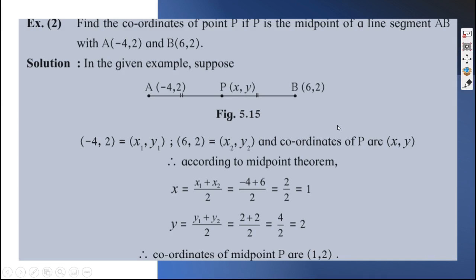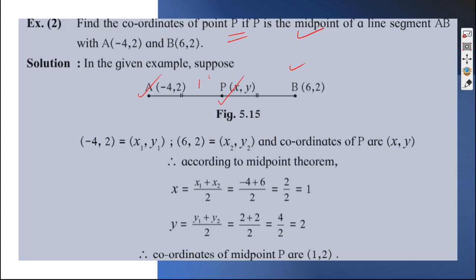Find the coordinates of point P, if P is the midpoint, like before, but with A as (-4, 2) and B as (6, 2). What is given? AB is the line segment, and it is given here that P is the midpoint.